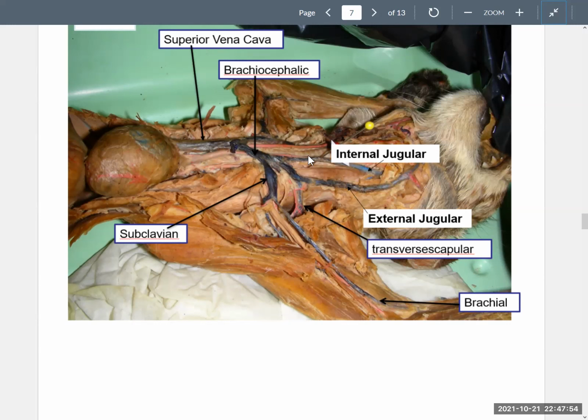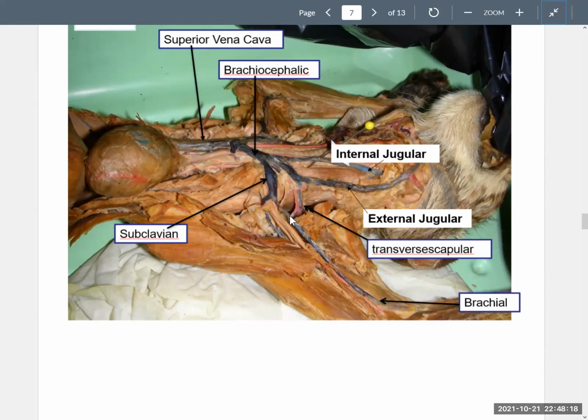Here's the internal jugular. It's a really nice one, actually. The brachial is down here. The brachial starts when the subscapular comes off, and we can't see the subscapular.